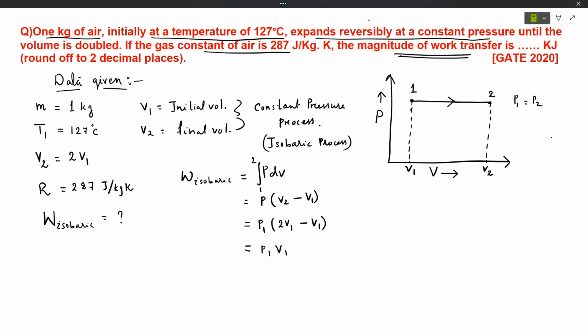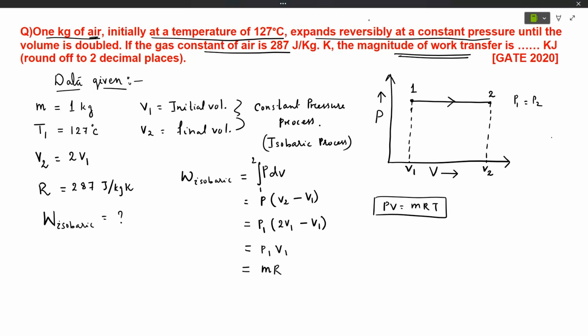Now see, the given mass is air and air is an ideal gas. So as air is an ideal gas, we consider PV equal to mRT. This relation we are going to use here. So in place of P1V1, we can substitute mRT1.